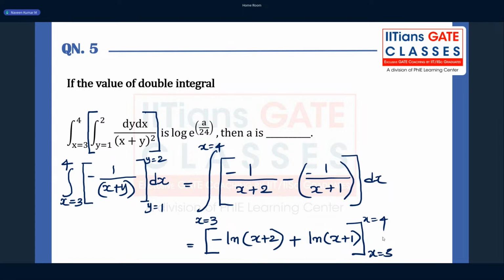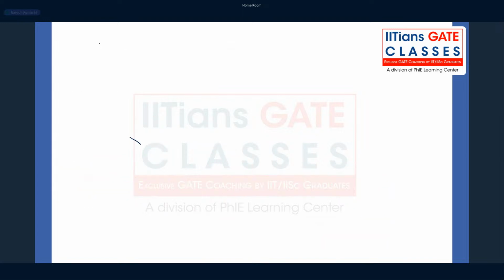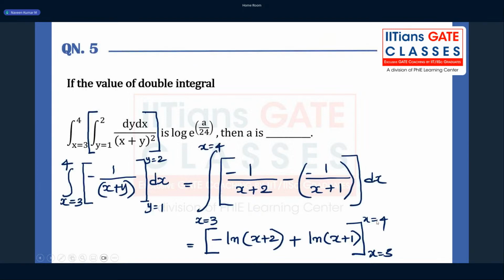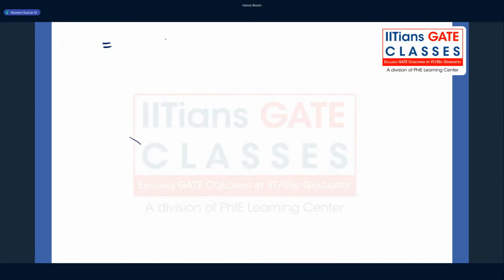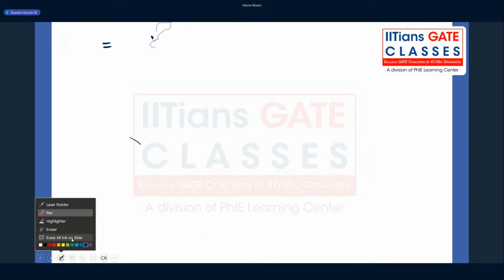That's it. So if you're doing it, we have this is 4. We can use the properties of logarithm. This we can write as minus ln x plus 2 plus ln x plus 1, so it is ln of x plus 1 by x plus 2, right? One minute, again there is an issue with the pen.